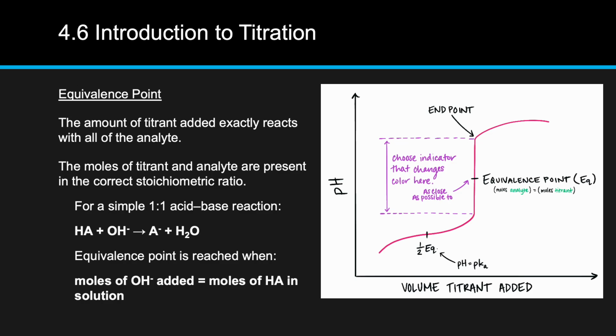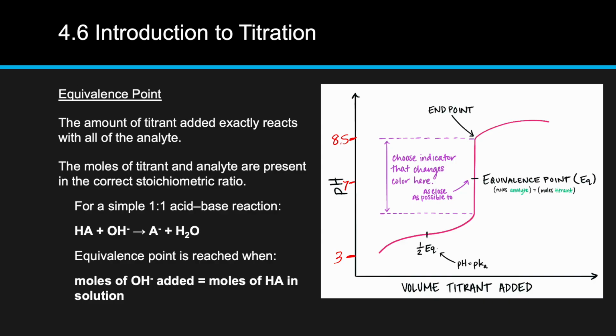So let's look at what we just talked about in terms of a titration curve, which we see right here. So here we have our pH. Remember, our pH started at about 3, and our equivalence point was at 7, or neutral. And then when we kept adding our base, we were at like 8.5.